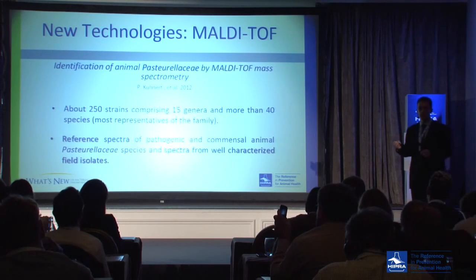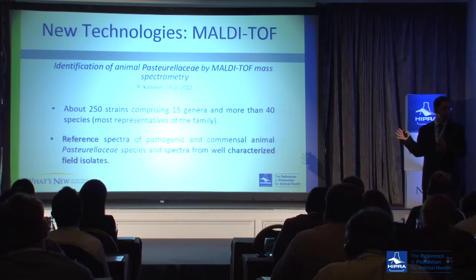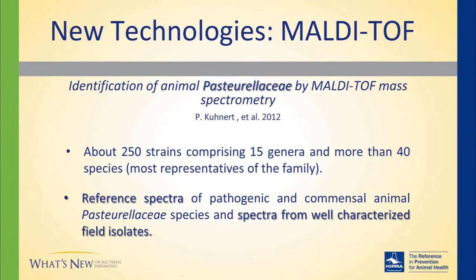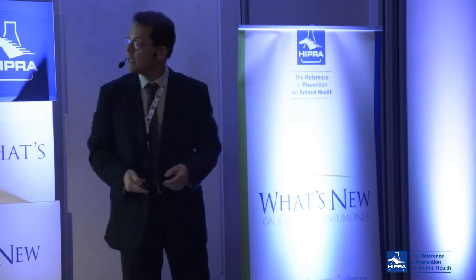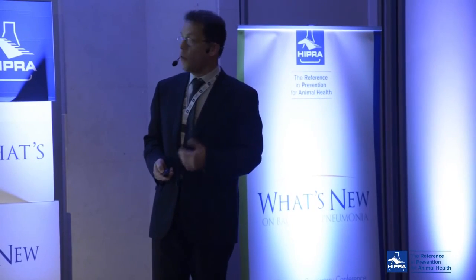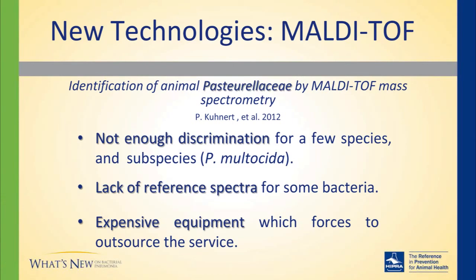And what about MALDI-TOF and Pasteurellaceae? Here's a report of some researchers in the US, in Northern Ireland, sorry, working with 250 strains of Pasteurellaceae comprising different genera and different bacterial species. They used reference spectra. You need reference spectra, of course, to compare your test bacteria with the known ones. And the results were quite good, but still not perfect.